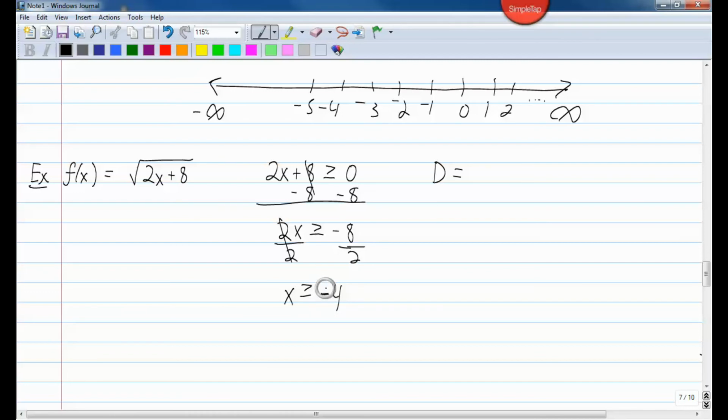We want greater than or equal to negative 4. If you look at this number line up here, here's a negative 4. So we want negative 4, including negative 4, and then everything greater than negative 4, everything to the right. So the way we write that is bracket, because we include negative 4, comma, infinity, parentheses. So the domain is from negative 4, including negative 4, to infinity.